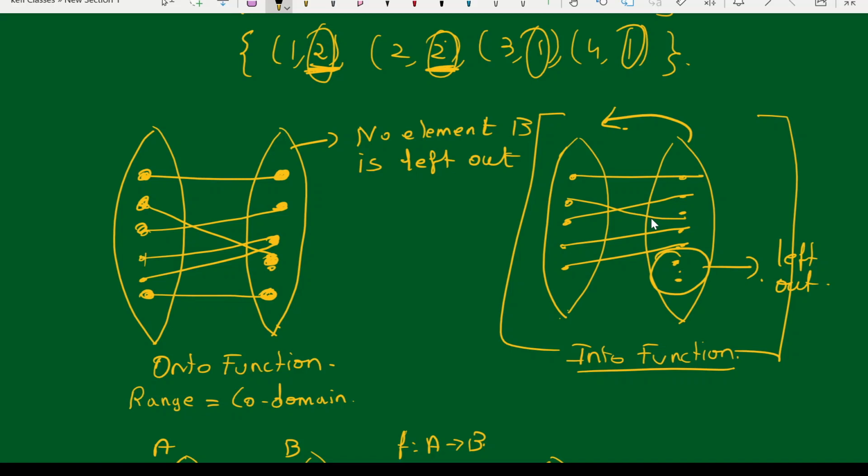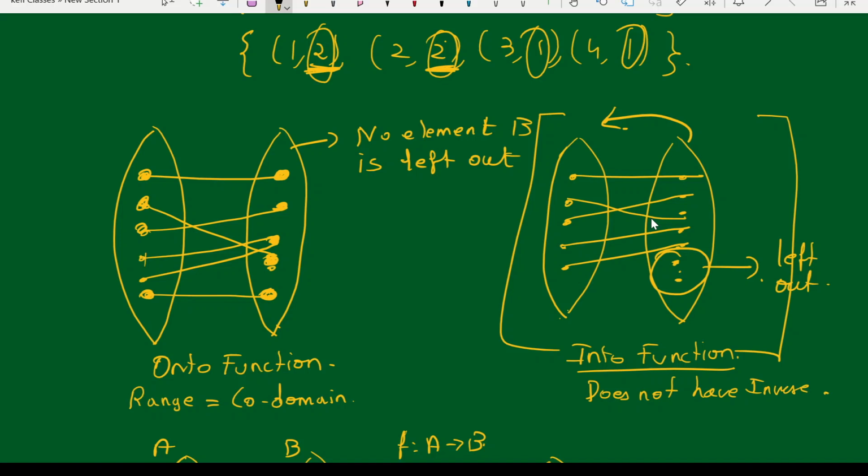So the domain set has been kept empty. Two elements in the domain are left out, so it's not a function. What kind of function was this? A 1-1 into function. And a 1-1 into function also does not have an inverse.